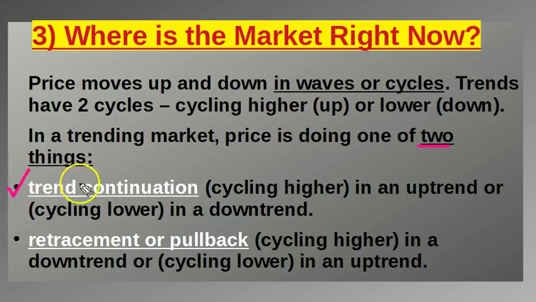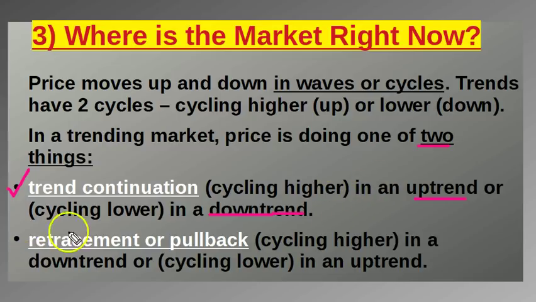The first thing is trend continuation. In an uptrend, pay attention, price is cycling higher, and that is called trend continuation. Or if it's cycling lower in a downtrend, that is trend continuation.